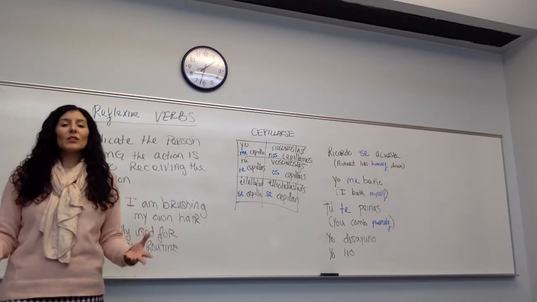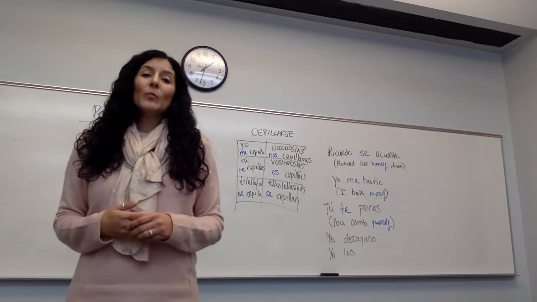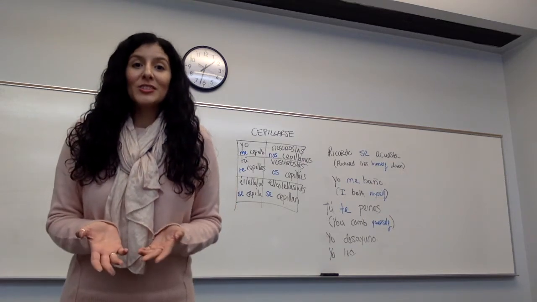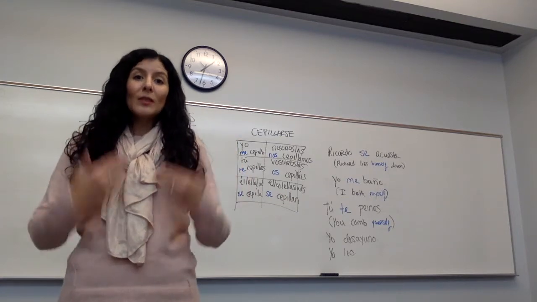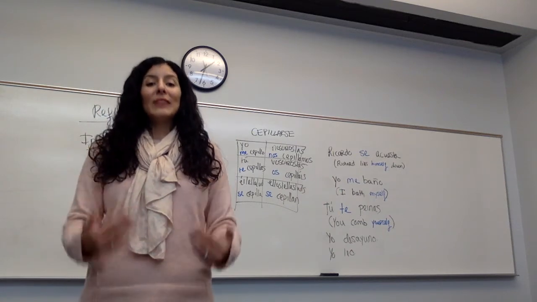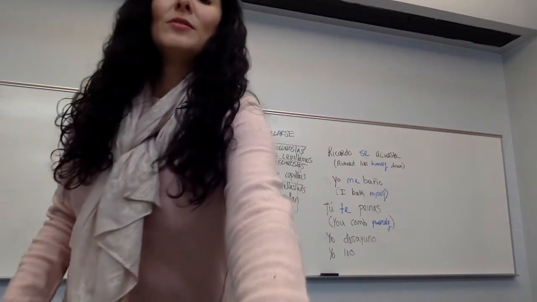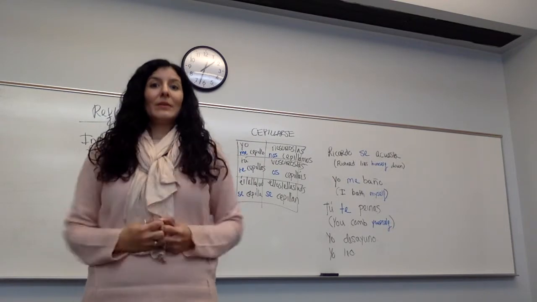All of these things are talking about elements of the daily routine, right? So whenever we get up in the morning in Spanish, we don't just get up, we're getting our own physical body up. And so Spanish reflects that, right? It reflects the fact that we are doing something to our own physical body, right?